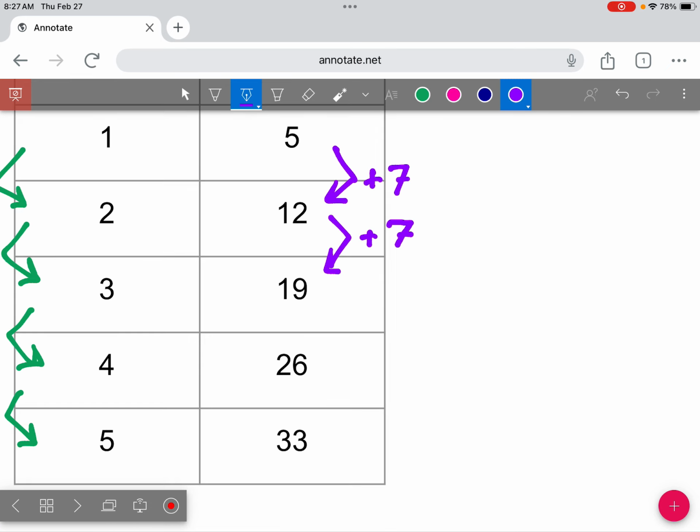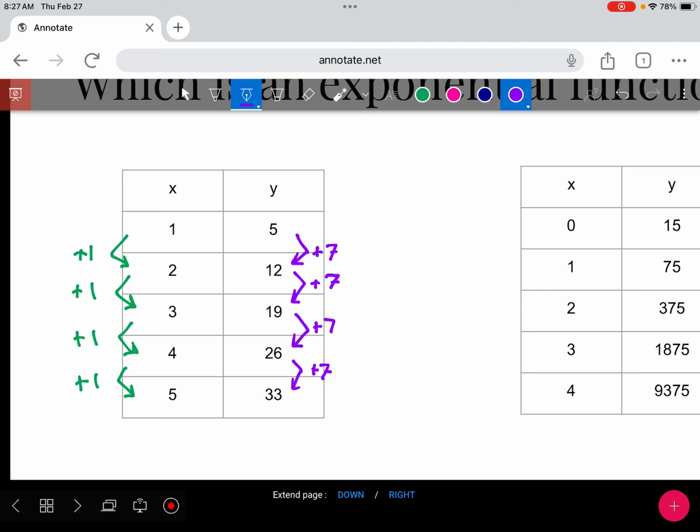That one's going to be another 7. 19 plus what gives us 26? 7. And 26 plus what gives us 33? 7. So what kind of function is this?